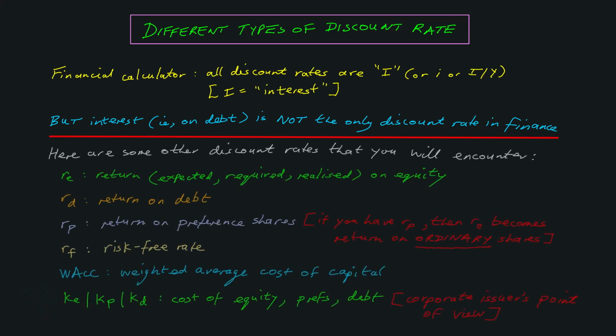We are going to take a look at some examples of these other discount rates, and I will provide you with some guidance on how to make the right selections. But before we do that, I think it's useful for us to be aware of the underlying principles behind the identification in general of what discount rate needs to be used in what situation.